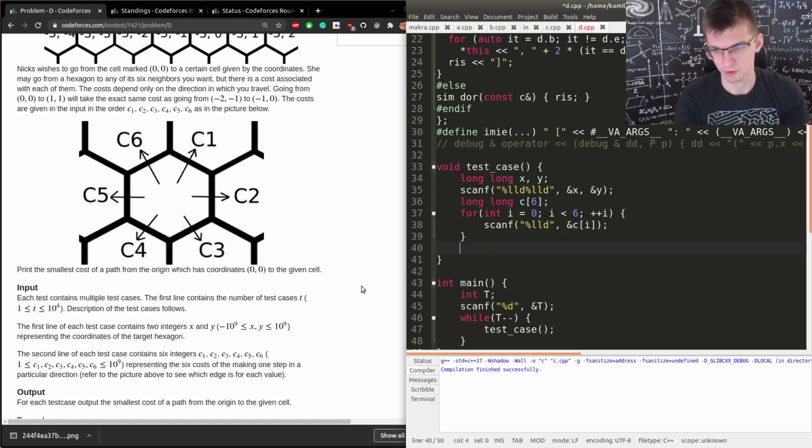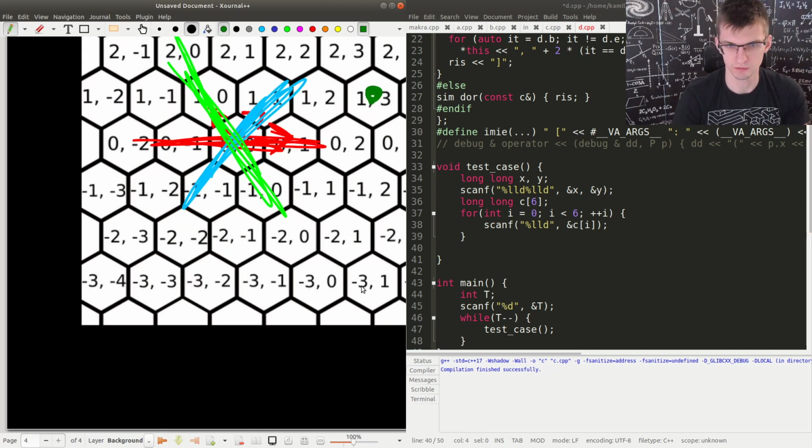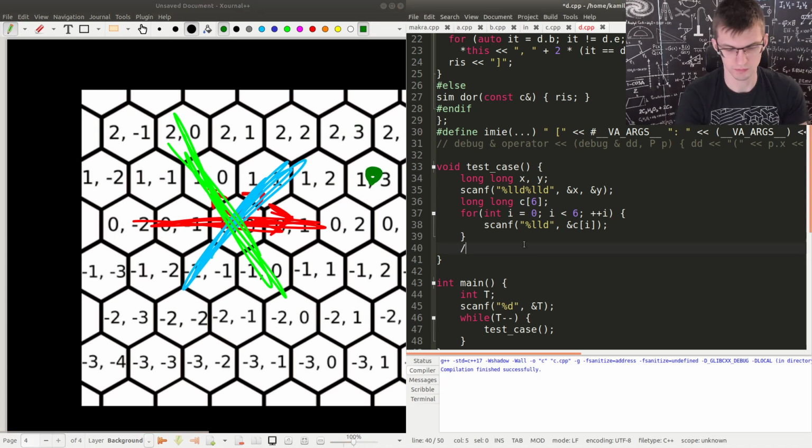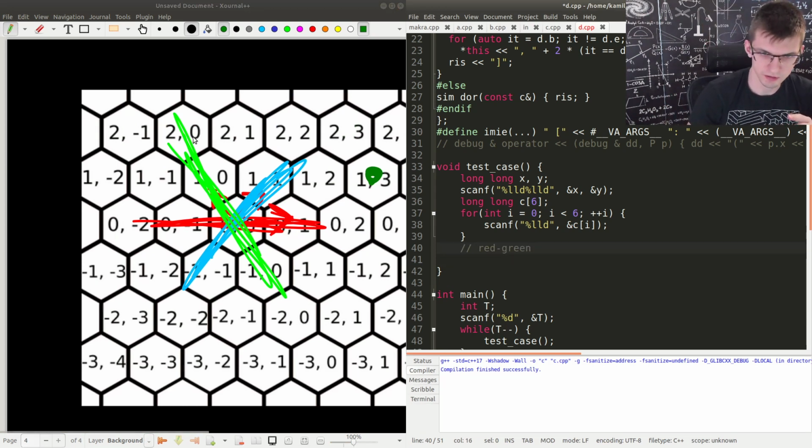Okay. Now I will have 3 parts of my code. The easiest should be to combine red with green. Because red goes by +1 to the right, this one goes, yeah.